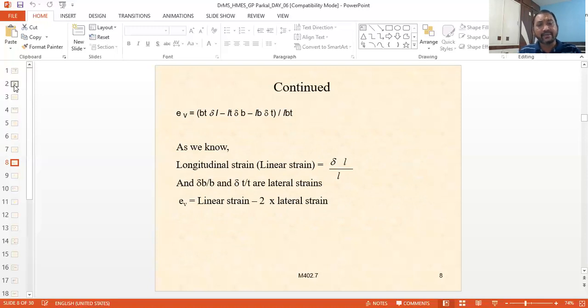And we know that the linear strain is equal to delta L by L, and similarly delta B by B and delta T by T are the lateral strains. We also know that EV is equal to linear strain minus 2 into lateral strain.